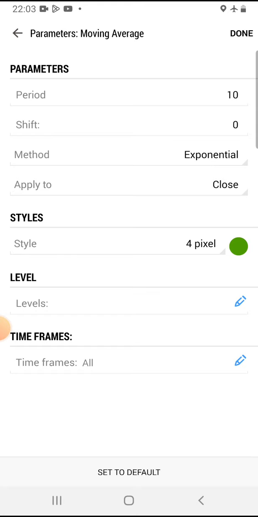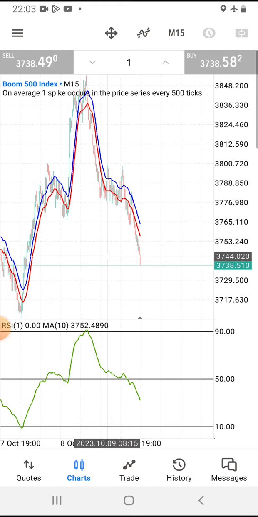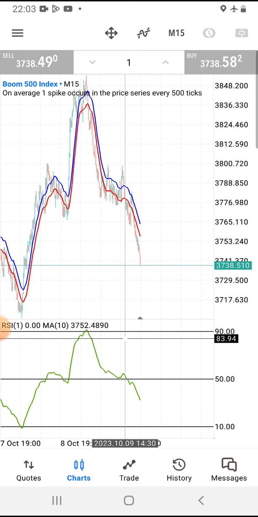We just got the following settings. The period is 10, the shift is 0, the method is exponential, apply to close, and on the styling I have got that green color right there. And if I click done, you see that we'll have a green color down here under our RSI.